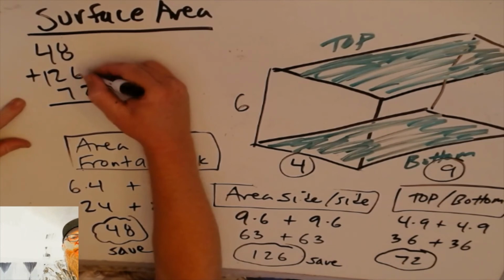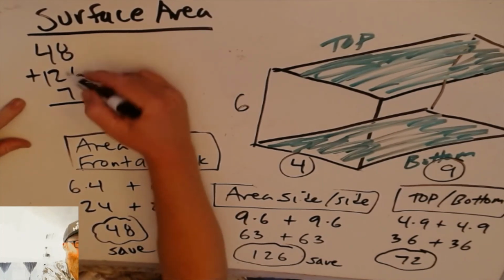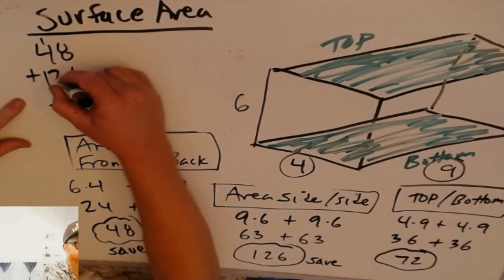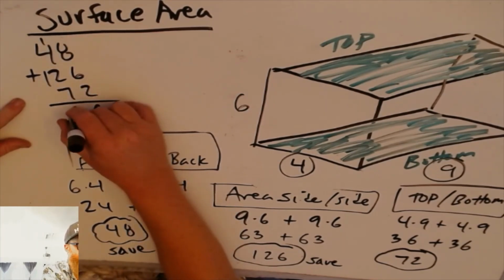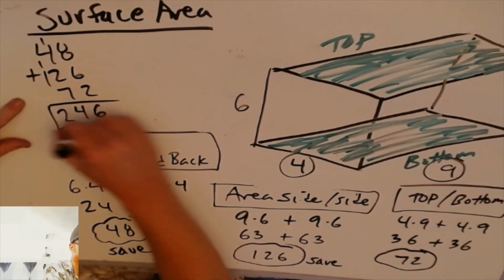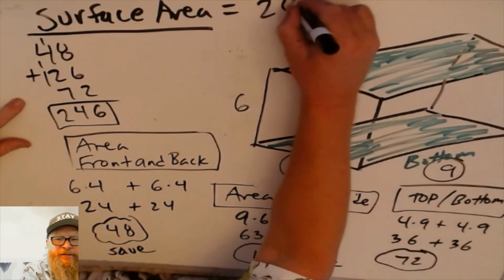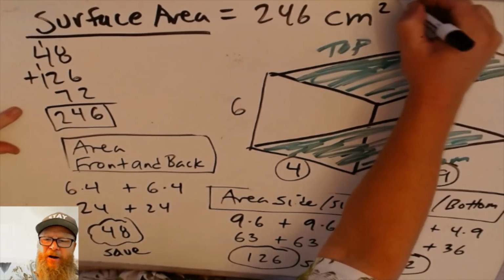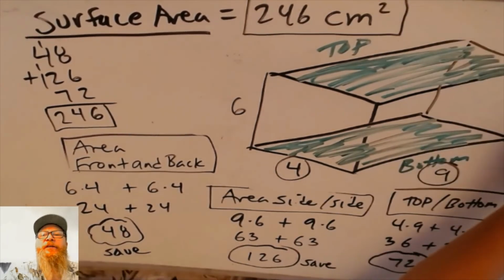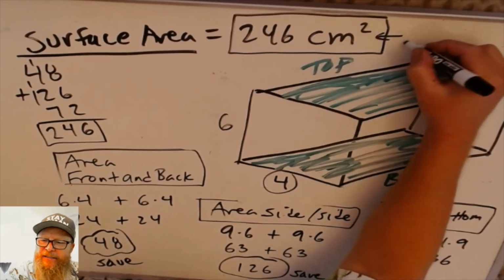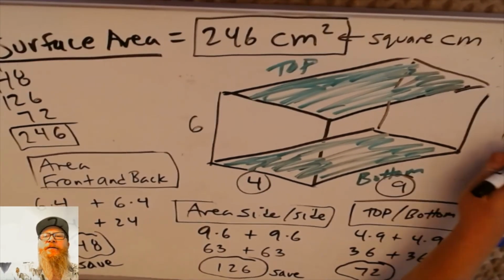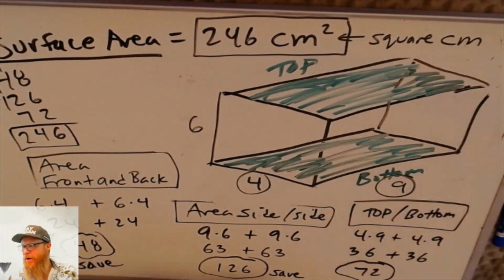Let's see, that would be 14, 15, 16, carry the 1. 5, 7, and another 7 would be 14, carry the 1, 246. And that would be square centimeters. Because we're not talking about the inside, we're talking about the outside. So the answer would be 246 square centimeters.